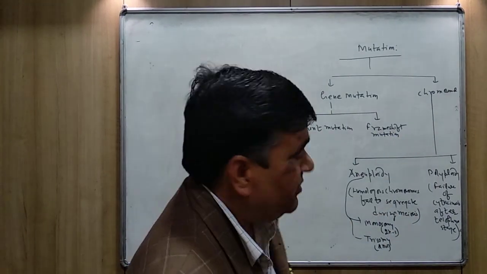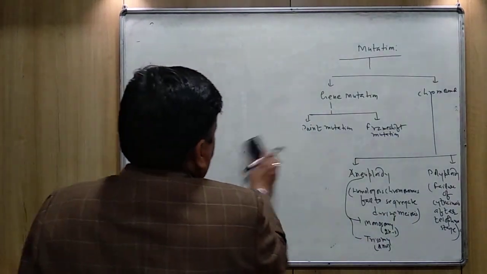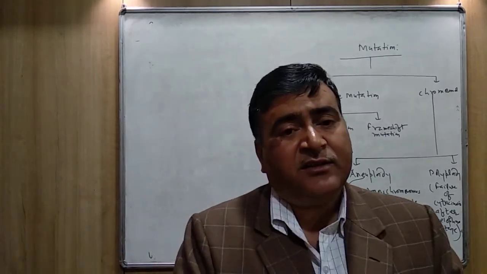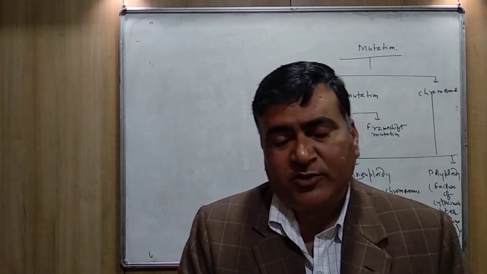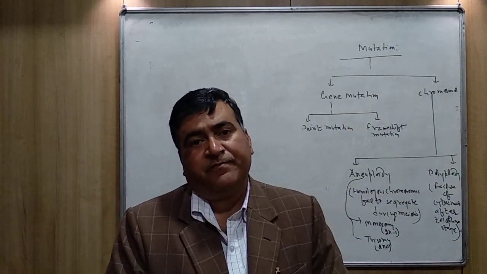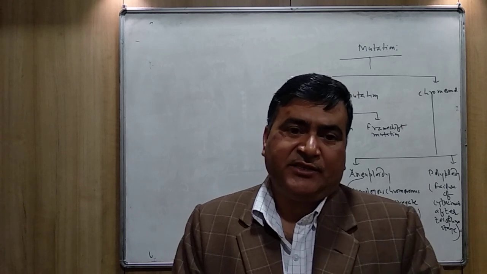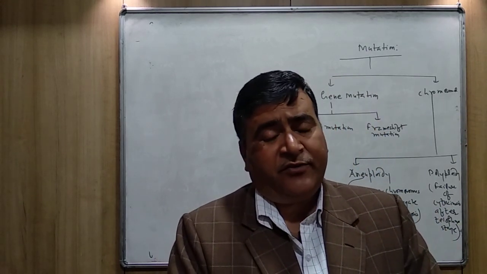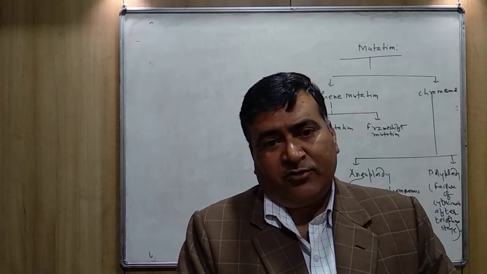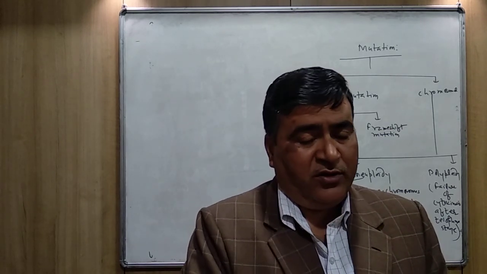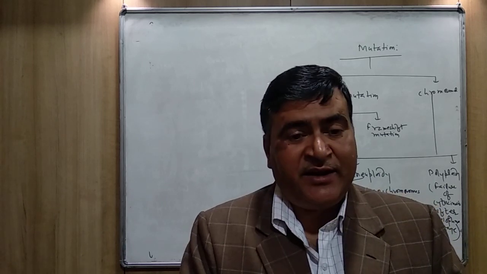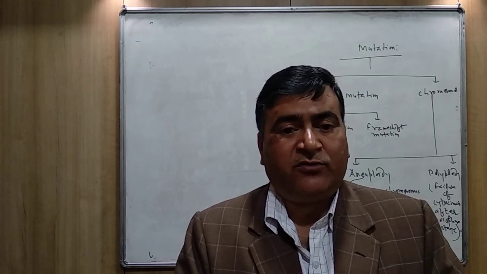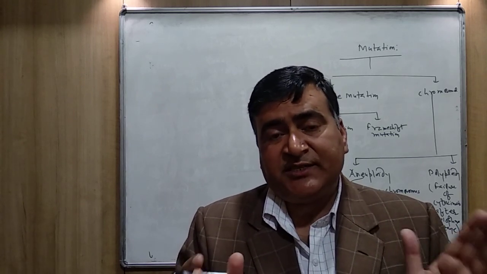Now let us talk about chromosomal disorder. What do you mean by chromosomal disorder? Chromosomal disorder is an abnormality, also known as chromosomal aberration, in which one or two chromosomes are added to the normal set of chromosomes, or one or two chromosomes are missed from the basic set of chromosomes.